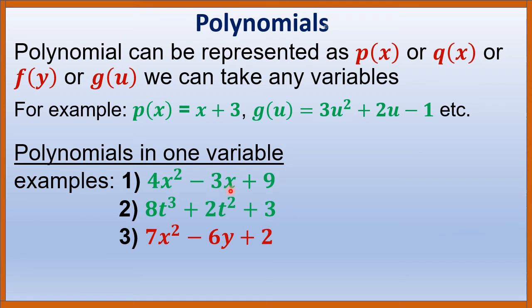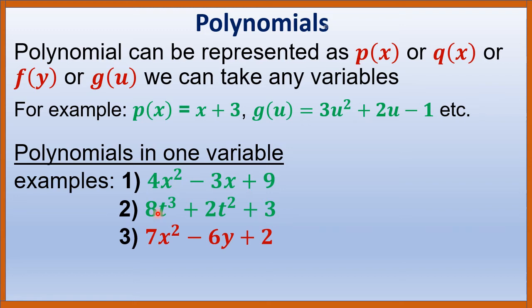And in example 2 also, we have one single variable, that is t. The variable can be x, y or z or anything, but the whole expression should use only one variable. Then we can say that these two examples are polynomials in one variable.